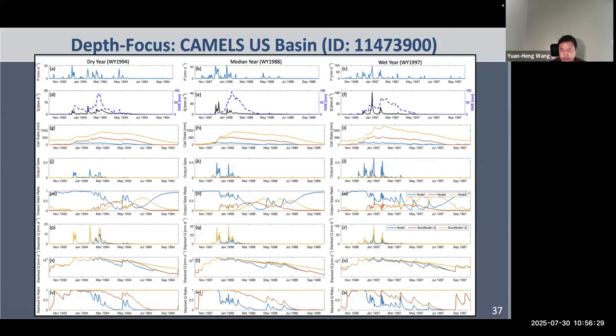And because snowpack exists primarily between January to March, based on the blue line in subplot D to F, we see that the snow occurs mainly between January and March. Further support for this interpretation comes from the output gate of the second node, which activates only when the internal cell state goes over around maybe 400 to 500 millimeters.